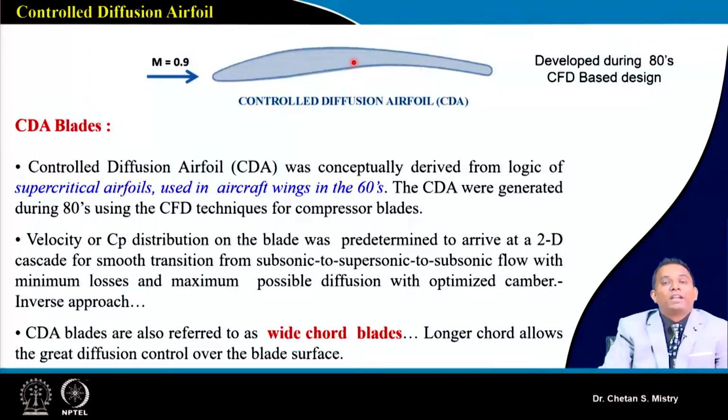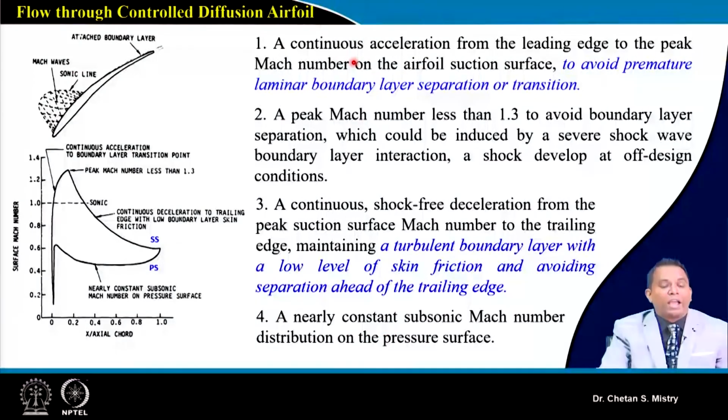Those wide chord blades use this kind of aerofoil, which we call a controlled diffusion aerofoil. Now let's try to understand what exactly is happening on the blade surface. So here this represents the CDA aerofoil.